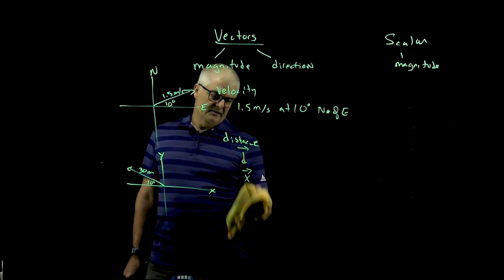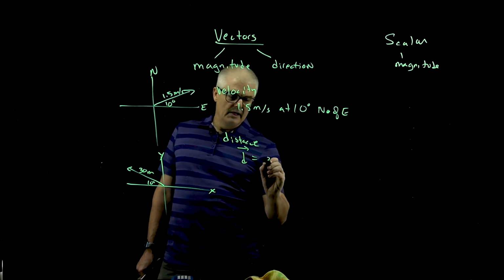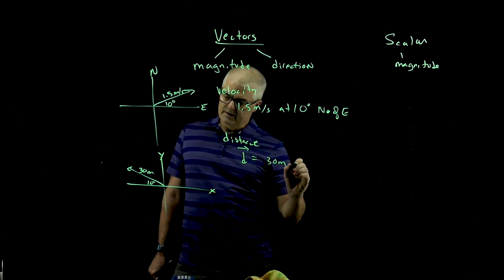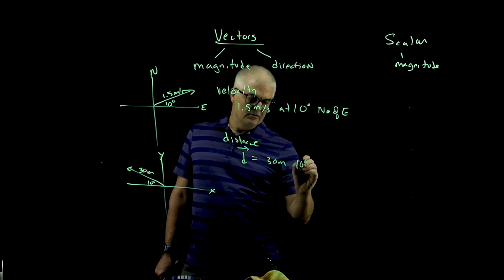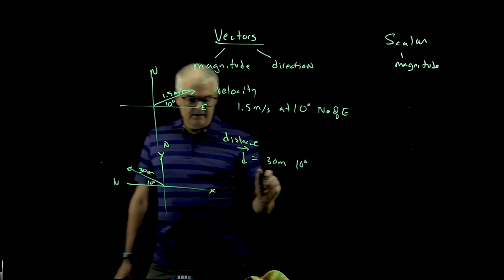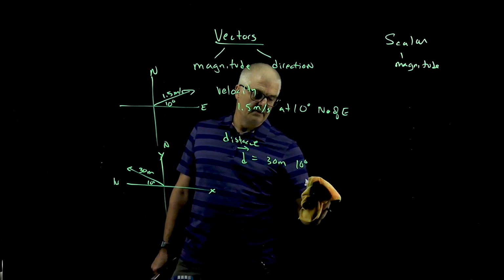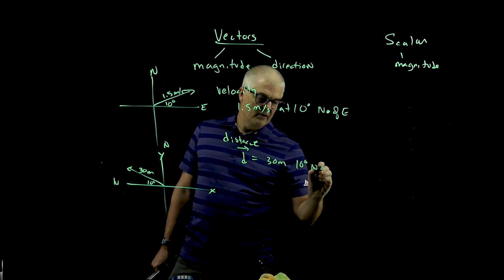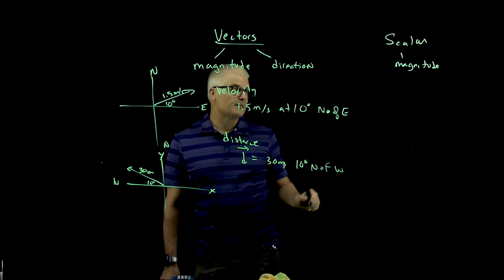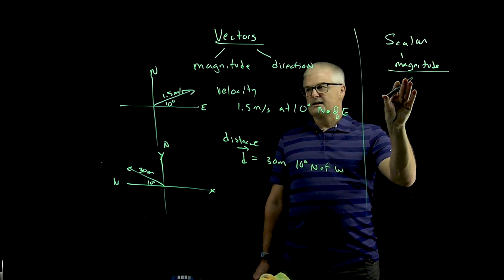Well, it's x and y, so it would be d arrow equal to 30 meters at 10 degrees. If this is north and this is west, it's 10 degrees north of west, because it's above the west.